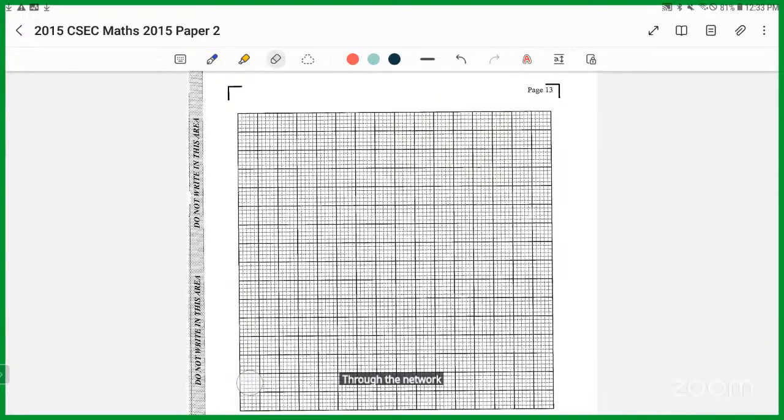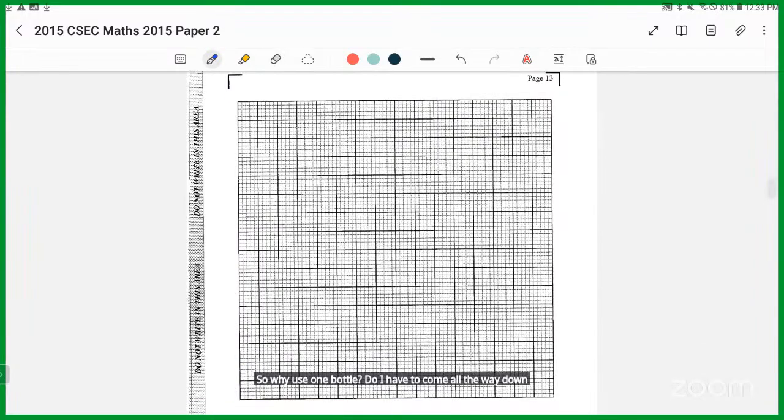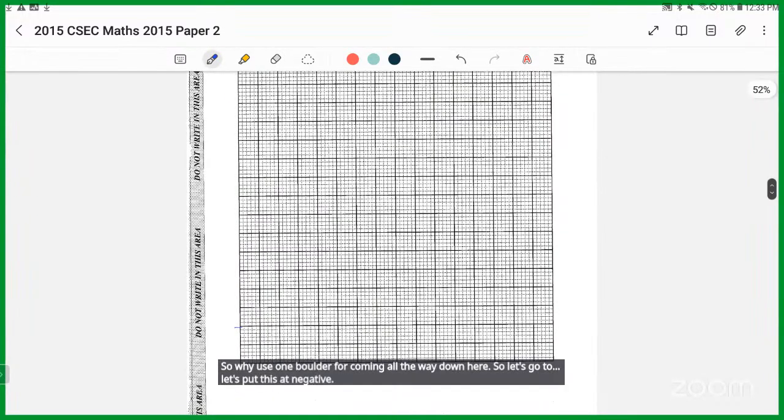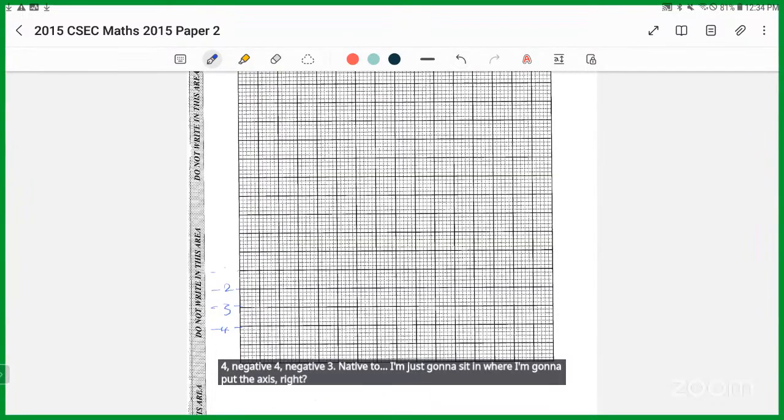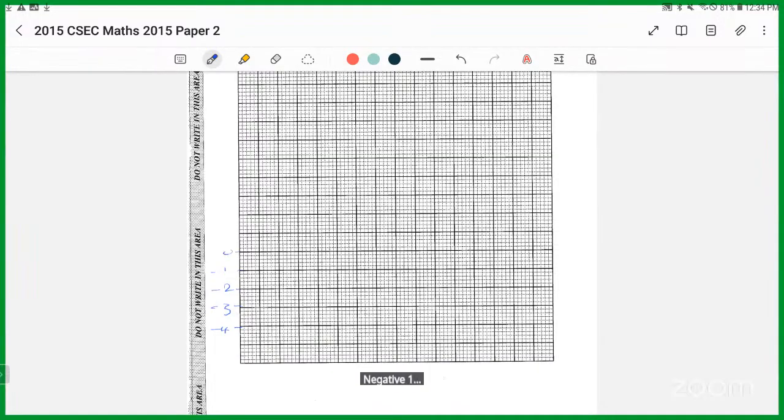So we're going to use 1, but we do have to come all the way down here. Let's put it like that: negative 4, negative 3, negative 2, negative 1, 0, 1, 2, 3, 4, 5. So that's my vertical axis.